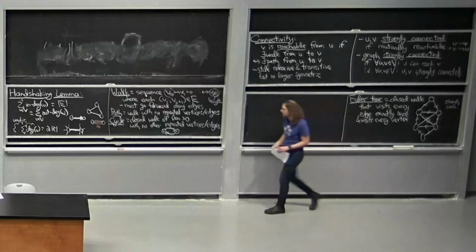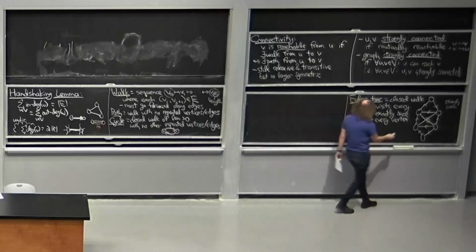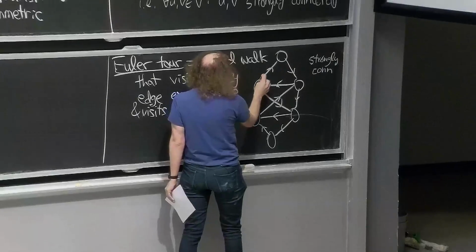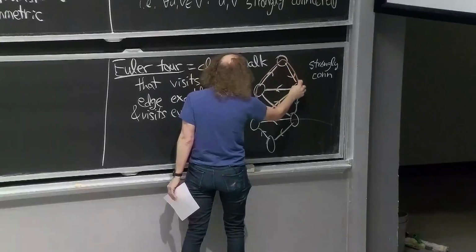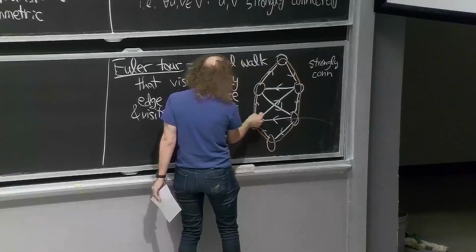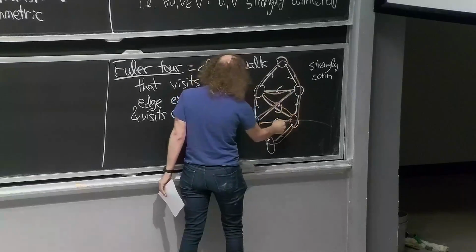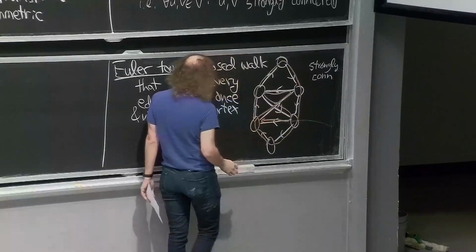So this graph is Eulerian. I drew it in an Eulerian way, but I will also redraw a path here. You can go around the outside. Notice now I'm respecting the edge directions. That's a little different from the example we saw last class. Okay, I think I got all the edges exactly once.